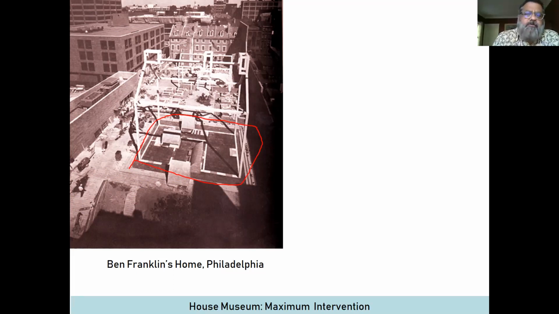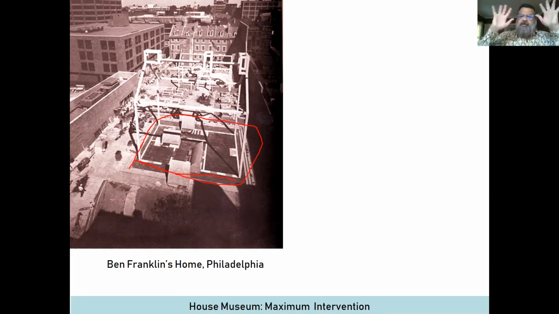But it was known from oral histories that the house was 3 stories and contained 10 rooms. And there were also some foundation details of the house that were remaining. So they invited architect Robert Venturi, who you probably know, and Venturi decided to construct the metal frame that marked the volume of Ben Franklin's house.